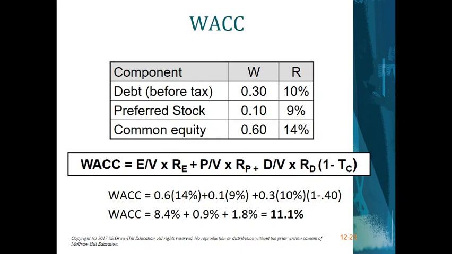So you add them up: 8.4% for your cost of equity, or required return on equity, required return on preferred of 0.9%, and required return of 1.8% on after-tax debt. You come up with a WACC of 11.1%. And so WACC is the overall return the firm must earn on its existing assets to maintain the value of the stock.